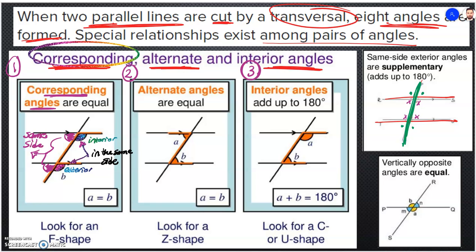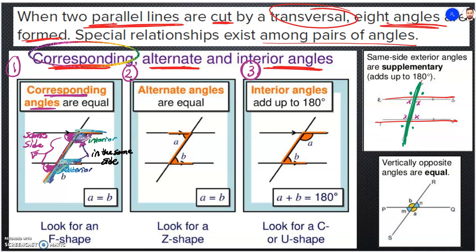One of them interior and the other one exterior. Those are corresponding angles. Please remember the corresponding angles are also forming a letter F. One of them is inside the letter and the other one is outside of it. This is the corresponding angles.